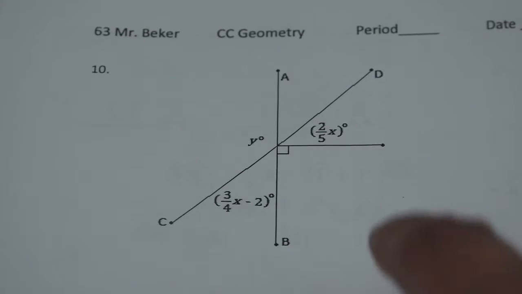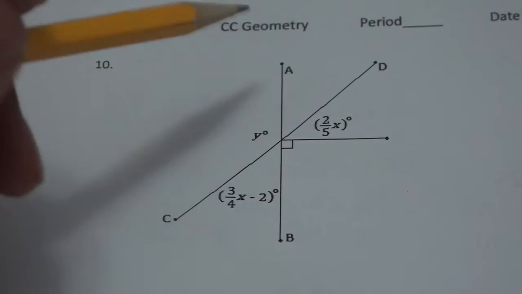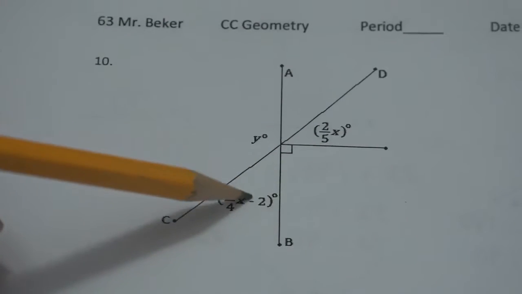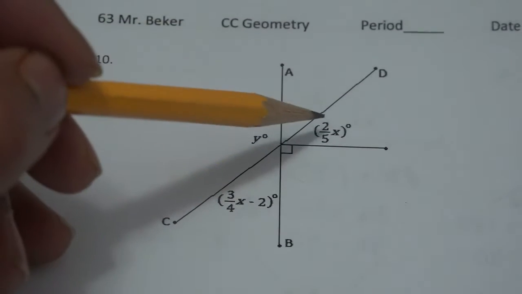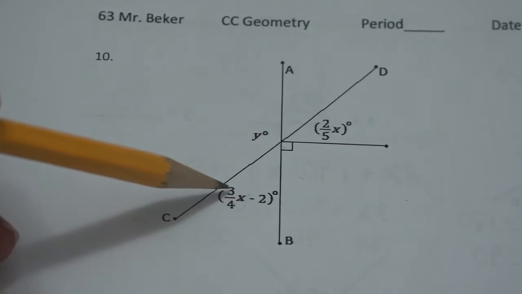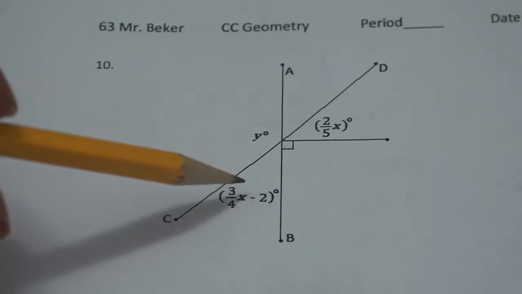Alright, now I gotta find the value of x and the value of y. Okay, I can do that. So what do I know? Well, I know that consecutive angles here add up to 180, right? So I could just add 2 over 5x plus 90 plus 3 over 4x minus 2 and equal them to 180.